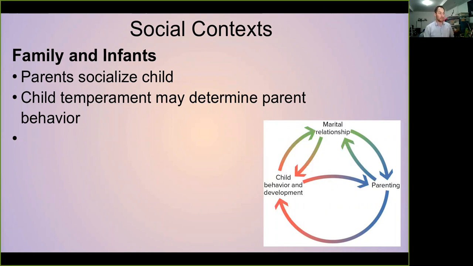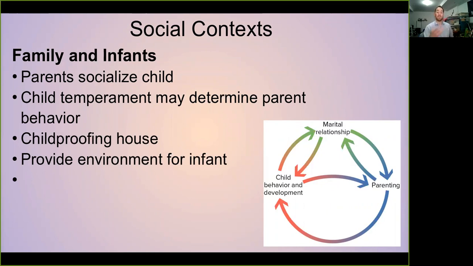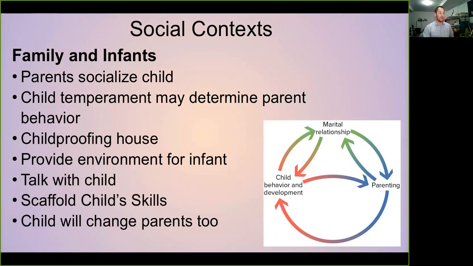So doing things like childproofing a house or providing an environment for an infant, those are aspects of the family social context. So it's speaking with the child, doing things like we talked about in cognitive development, helping children's skills build by scaffolding them. If they can't quite pick up something, help them practice that, help them pick things up and move things around. Later on, help them learn to write and learn to read.